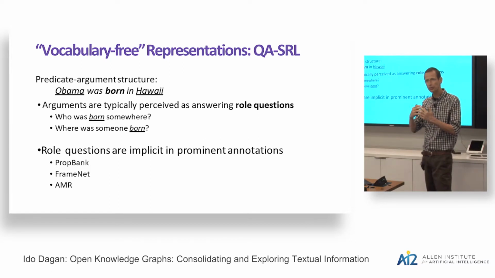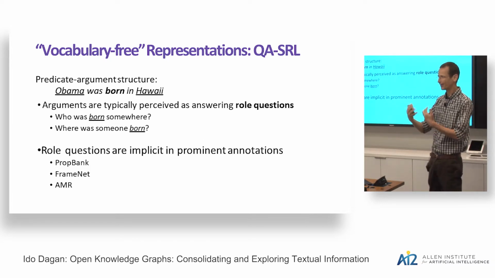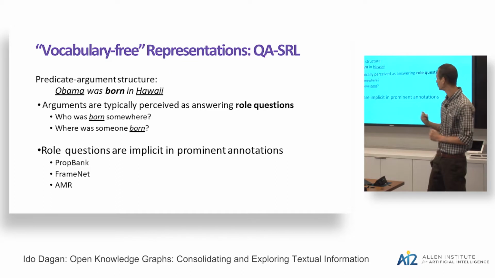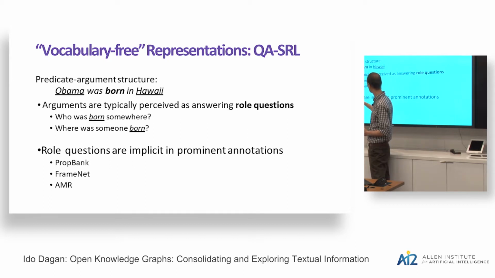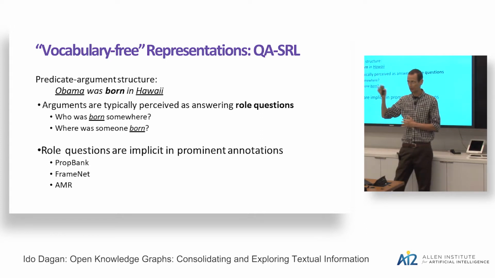A role corresponds to some question that the argument answers. So, what is Obama? It's the answer to who was born somewhere. That would be the agent role. And what is Hawaii? The answer to the question, where was someone born? That would be the location role.